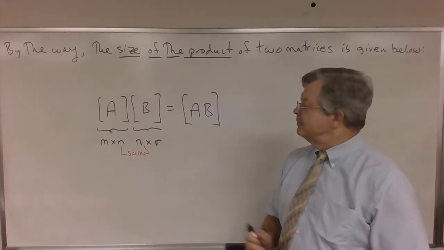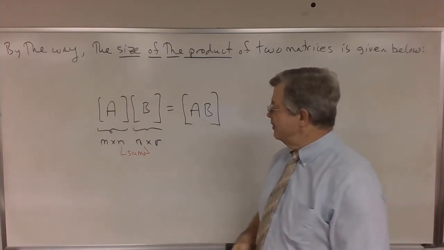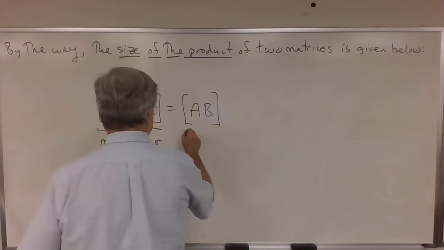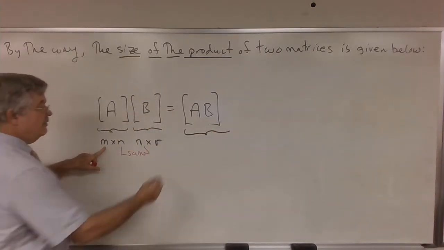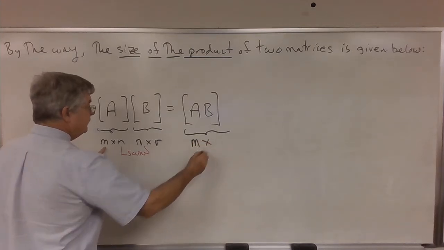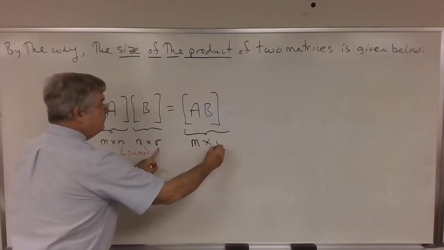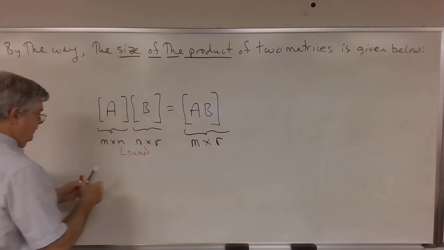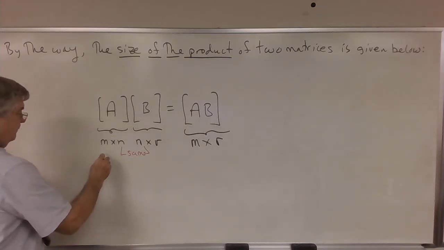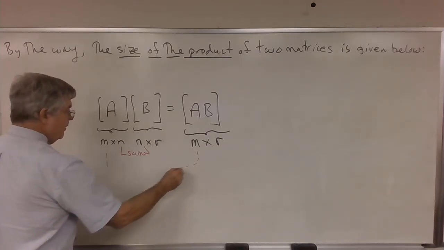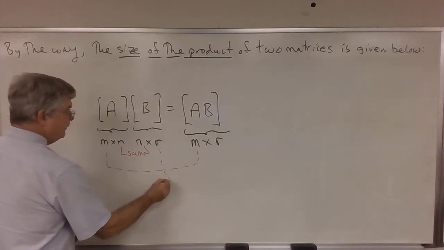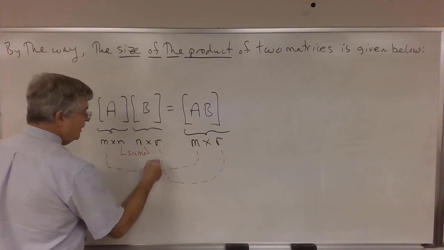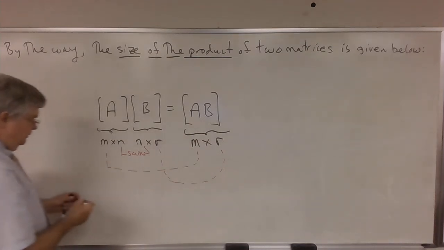And when we multiply the 2 matrices together, we get another matrix that has the number of rows of the first times the number of columns of the second.